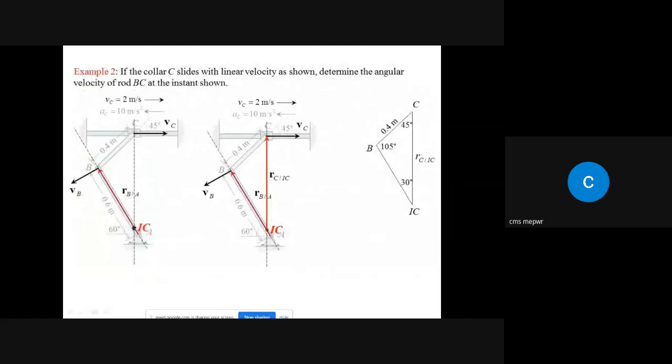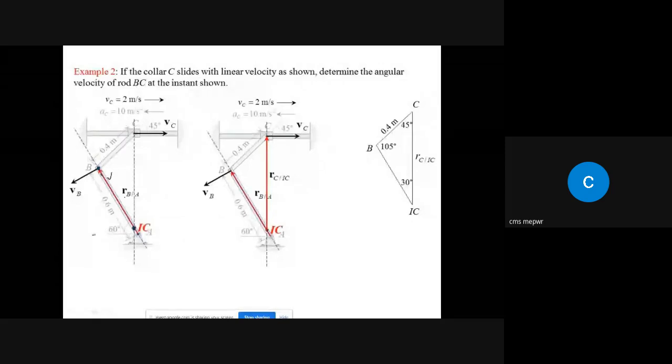The position vector of B with respect to the instantaneous center, let it be RB by IC, is shown by this red line, and it is already given as 0.6 meter.